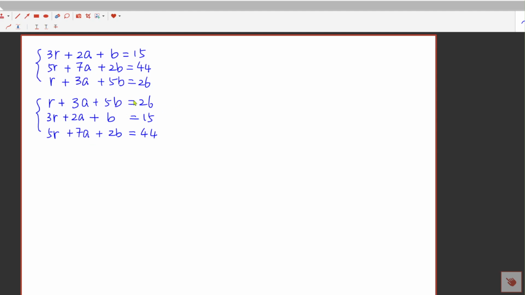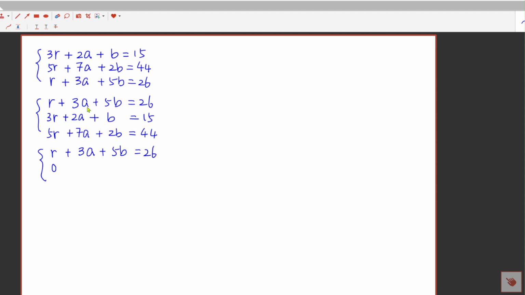And then we can use the first equation times -3, and add it to the second equation, right? This will eliminate r in the second equation. Can you see that? So the first one keeps unchanged, r plus 3a plus 5b equals 26. And first equation times -3 added to the second one gives us 0 here, right?